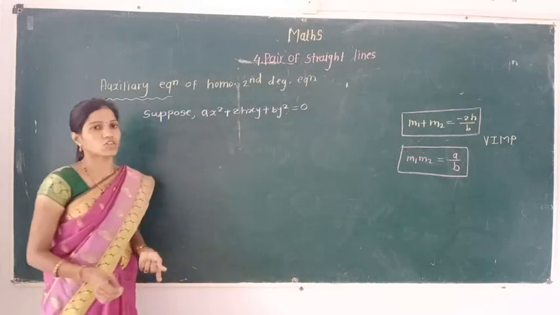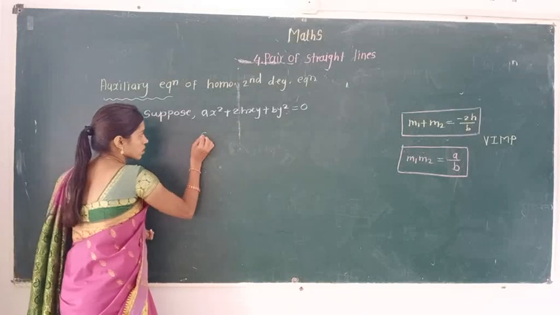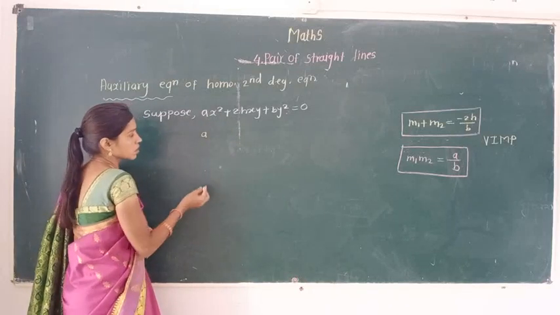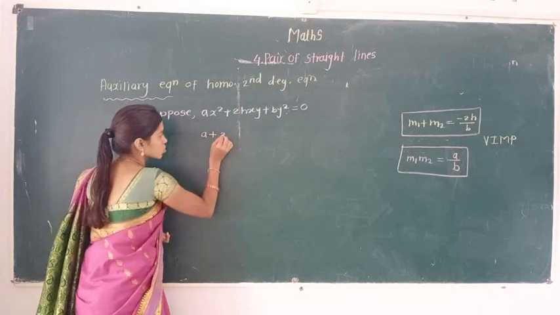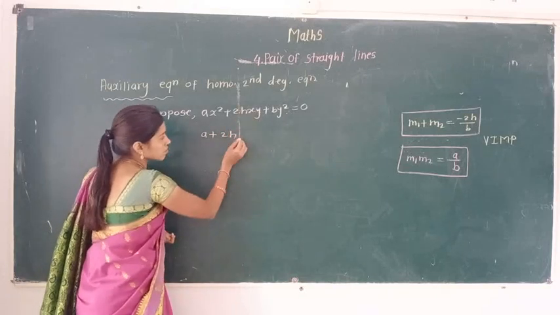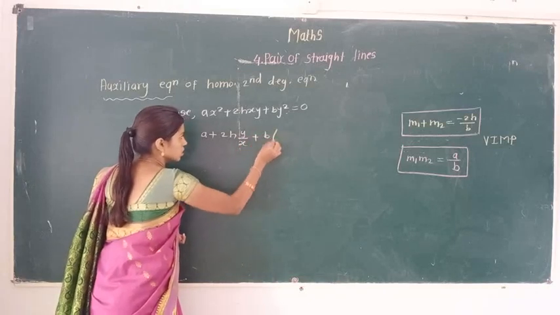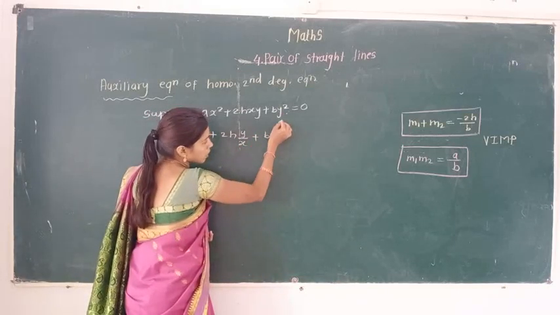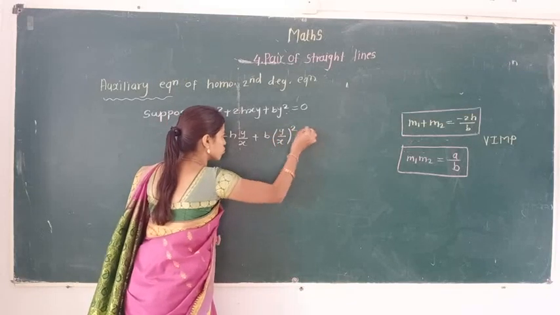Now in this equation, dividing both sides by x square, we get a plus 2h y upon x plus b into y square upon x square, we can write (y by x) square. Okay.